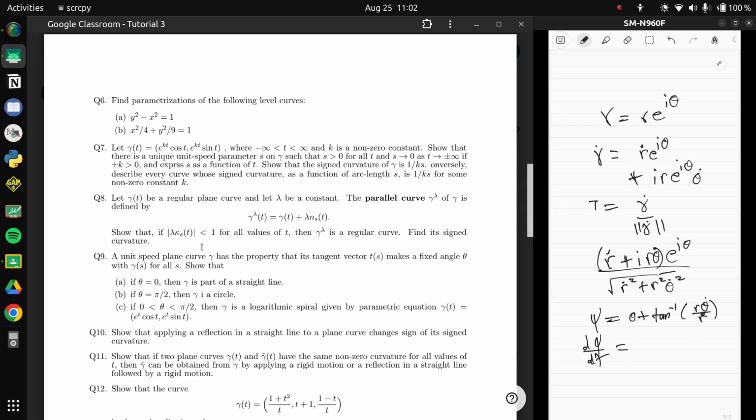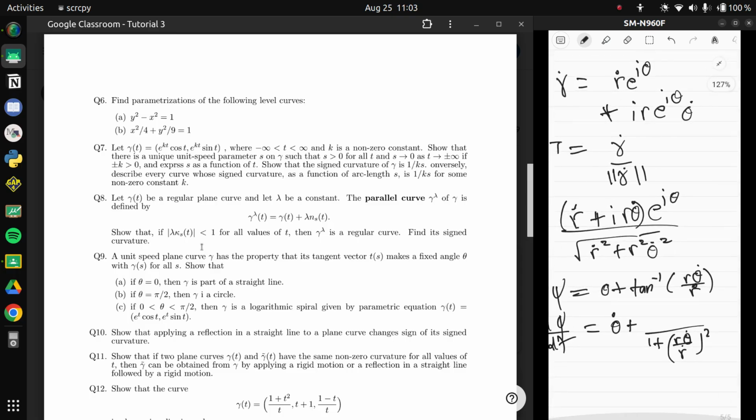That will make sense, because ds by dt is some positive quantity. So it's theta dot plus the tan inverse of this. It's just 1 upon 1 plus this stuff squared, so r theta dot on r dot, all of that squared, and then the derivative of that.